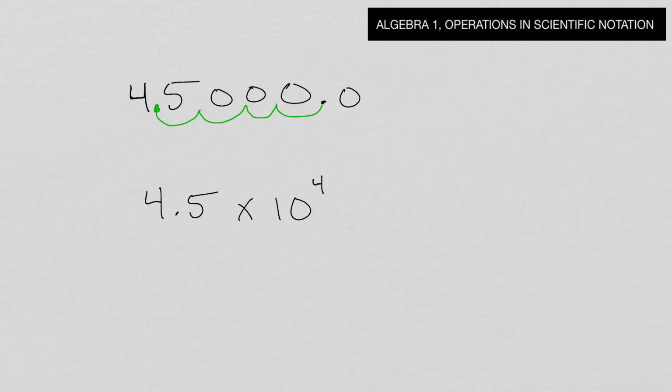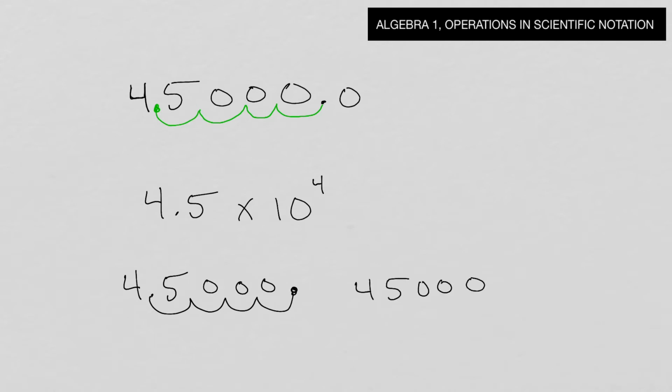Because remember, when I have 4.5 times 10 to the fourth power, I'm going to move that decimal over 4 places, which gives me back 45,000. So if I have 45,000, I can take this decimal, 1, 2, 3, 4, and now I have 4.5 times 10 to the fourth power.